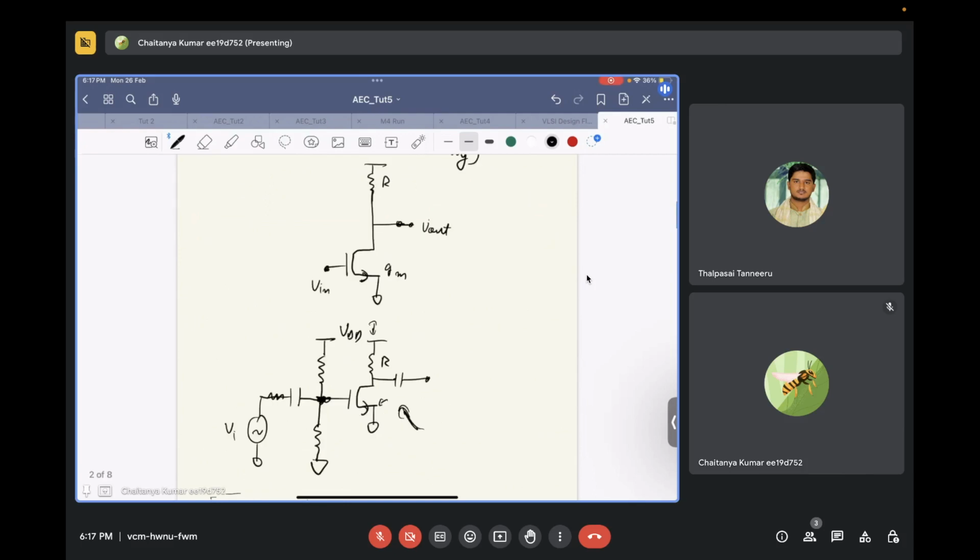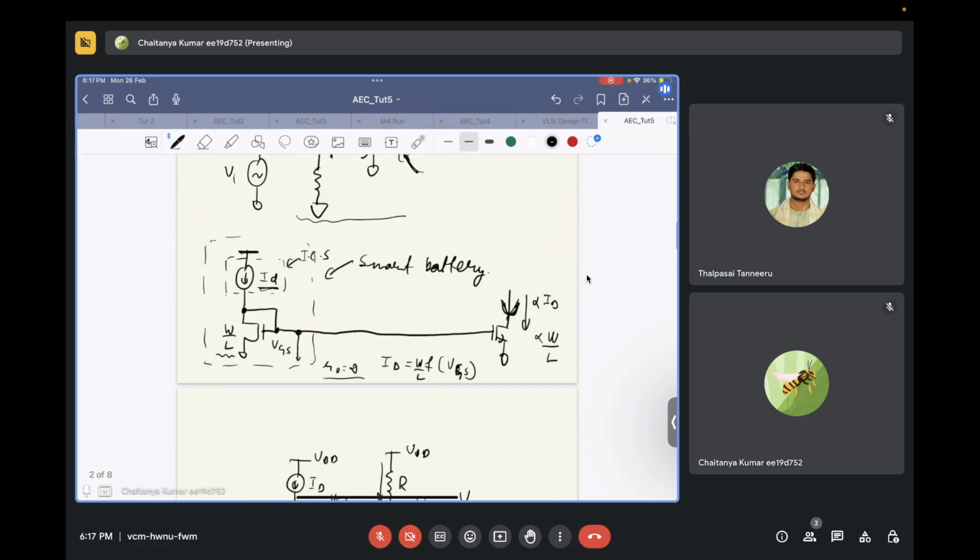Correct. As we did in one of the initial tutorials, for example, if we have this kind of common source amplifier where we do the voltage biasing, what will happen is if your VDS is changing, your VGS will change over here, and this can change the current in the input device.